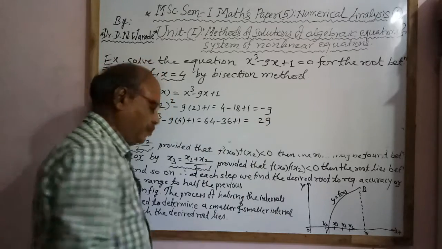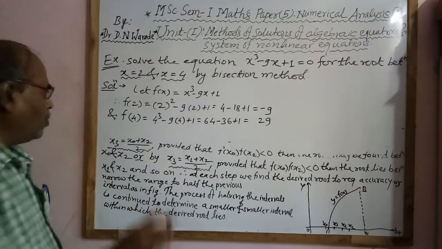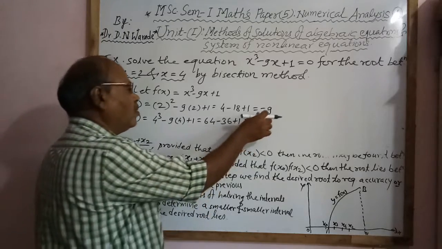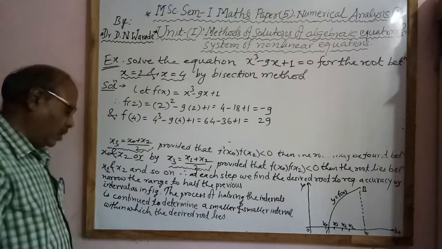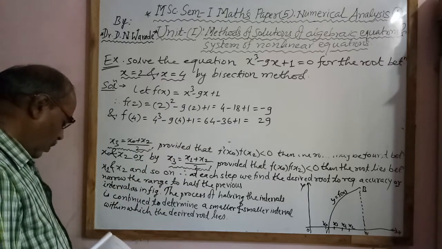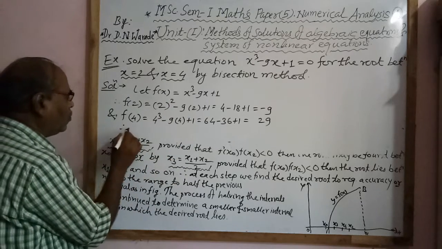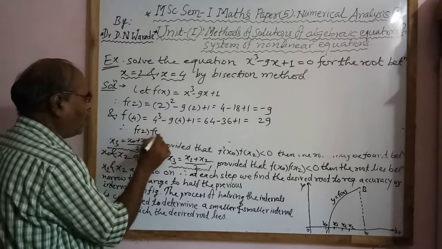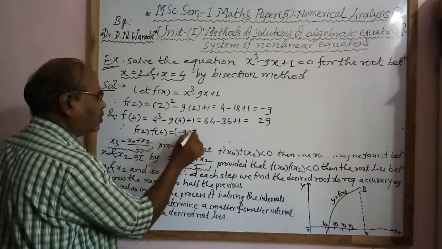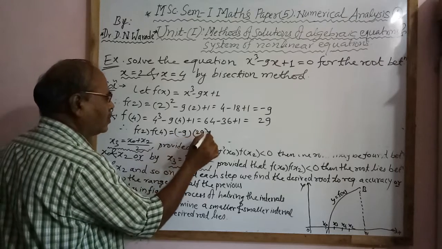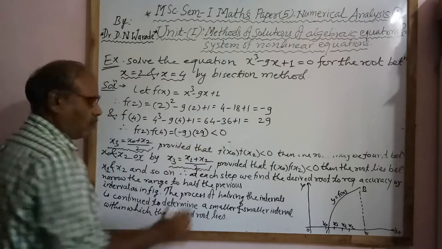This is a positive value. Therefore, if we take the product of the two, we get a negative value, because one of the numbers is negative and the other is positive. Therefore, f of 2 into f of 4, that is minus 9 into 29, the product is less than 0.